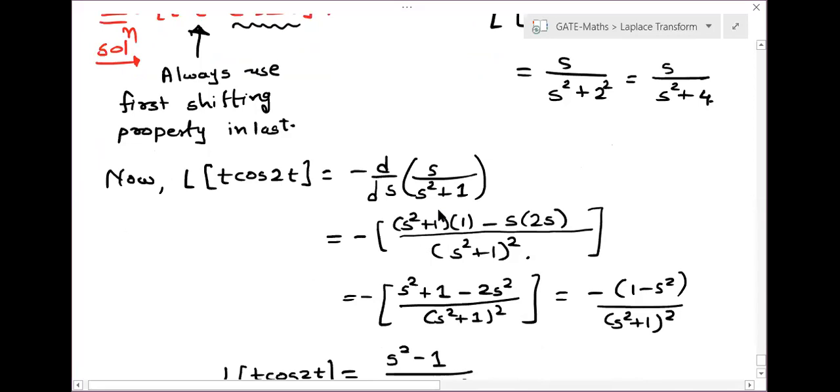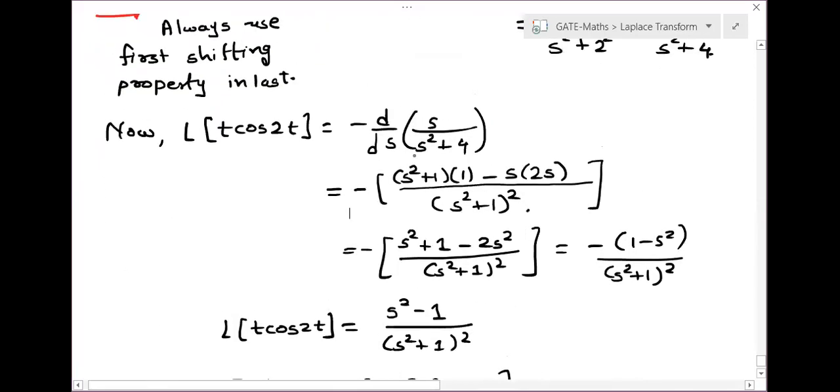So this will become s square plus 4 minus s times 2s, divided by s square plus 4 whole square. So this is s square plus 4 minus 2s square divided by s square plus 4 whole square.